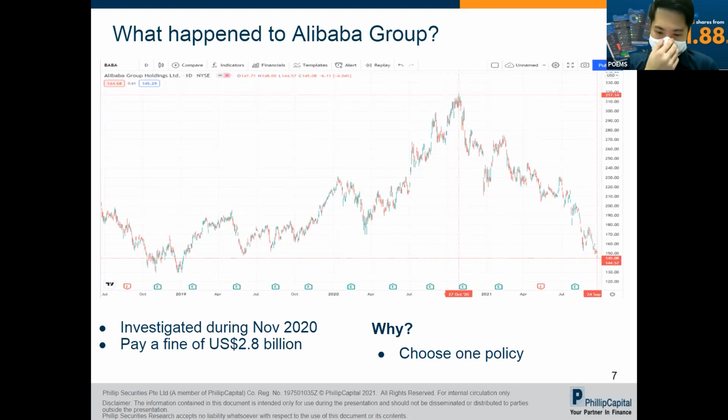Why they were fined, and how they breached the antitrust law, is because the regulator found that Alibaba had been using a "choose one" policy, and this breached the monopoly agreement part, because this policy prevents merchants from establishing business with other platforms if they were to establish business with Alibaba.